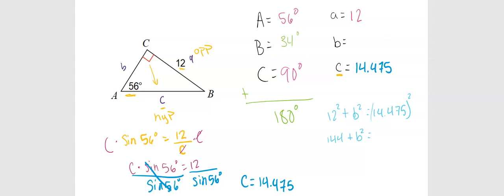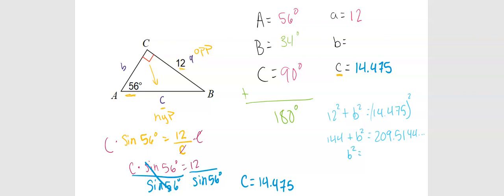And I'm getting 209.514, etc. I have a lot of decimal values because I have the actual value on my calculator. Okay, let me subtract this guy by 144. That should help me out quite a bit here.